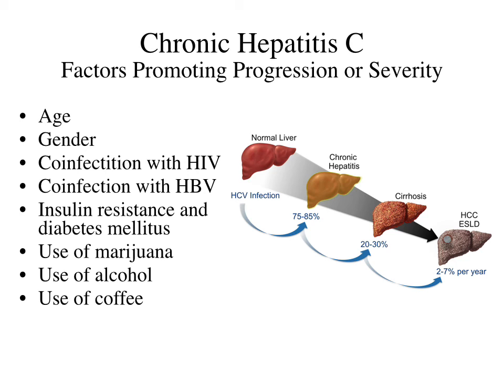People who have insulin resistance and/or diabetes mellitus, that is diabetes 2, are more likely to progress to severe infection. Use of marijuana, use of alcohol, and use of coffee are also not recommended for anyone who has a hepatitis C infection, because it can lead to progression of disease.